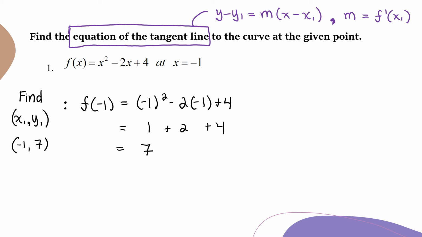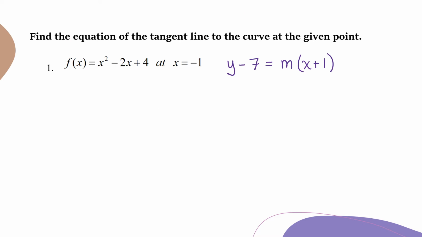So that means that so far, I have y minus 7 is equal to m times x minus -1, so plus 1. And what we need to find is this m, which will be f prime of -1, so the derivative of our function at -1. So let's start finding our slope now.